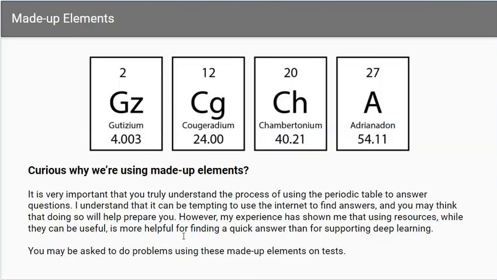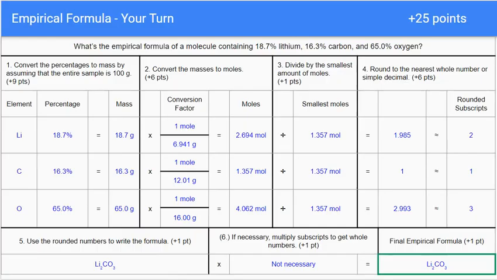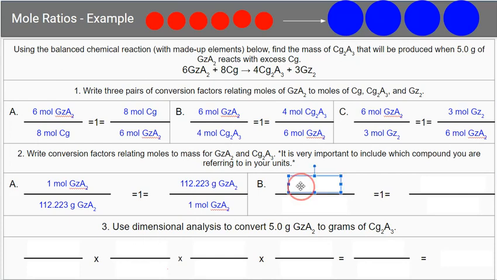Again, you need to use the molar masses in here. Here's CG, so we need 2 of these and then 3 of the A. And that is going to give us a molar mass of 1 mole of CG2A3 equal to 210.33 grams of CG2A3.